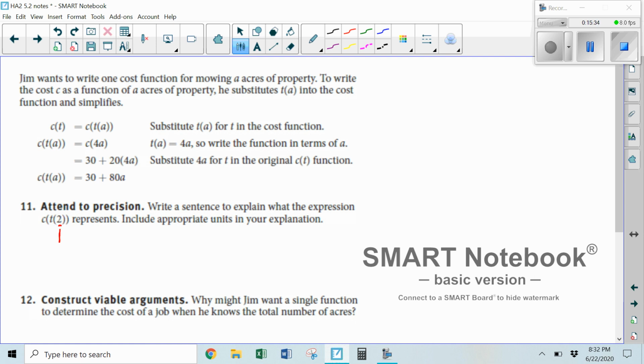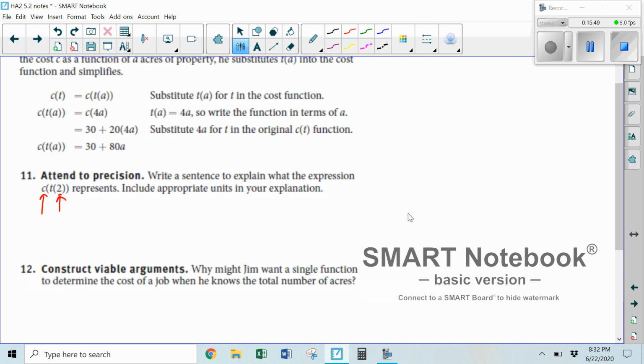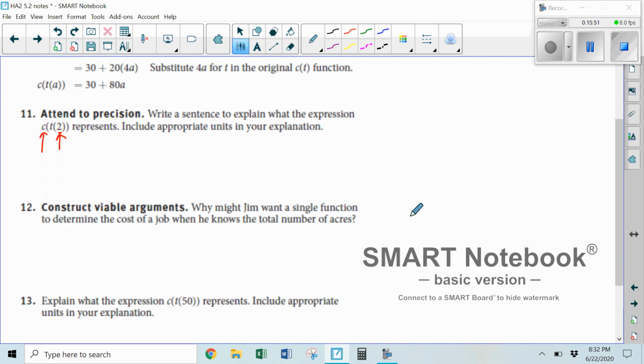So I'm going to put in 2 acres, and I'm going to output the cost. So I would write down, it represents the cost to mow 2 acres.